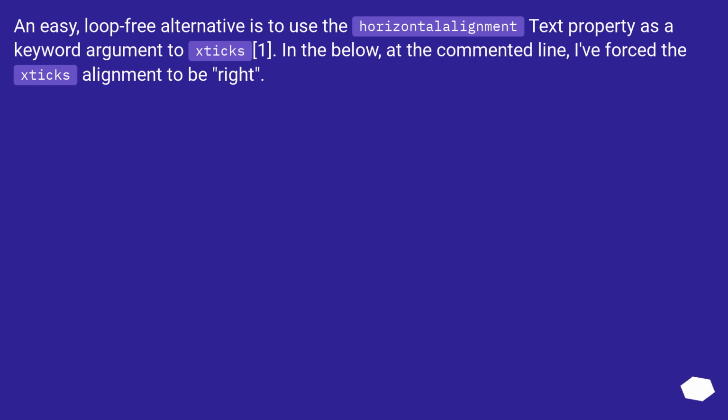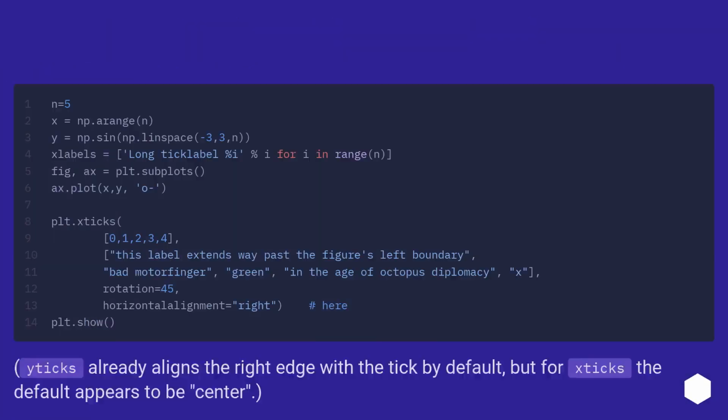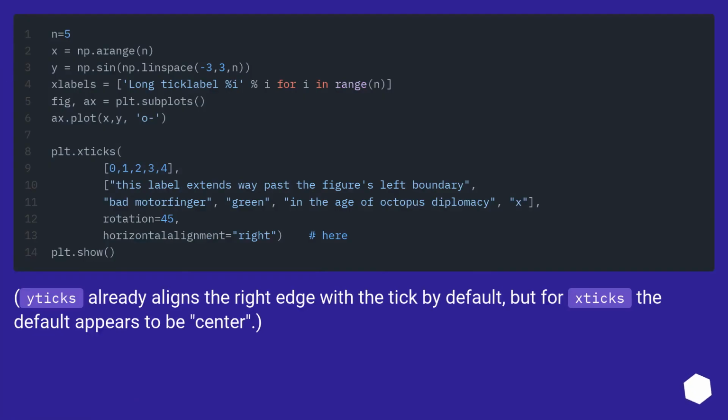An easy, loop-free alternative is to use the horizontal alignment text property as a keyword argument to xticks. In the code below, at the commented line, I forced the xticks alignment to be right. xticks already aligns the right edge with the tick by default, but for yticks the default appears to be center.